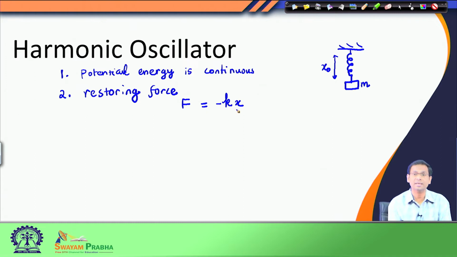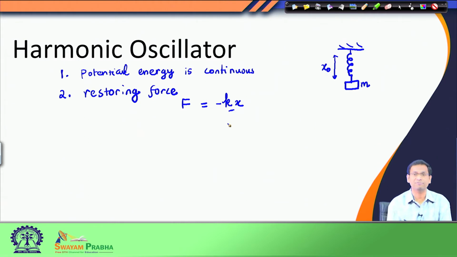So, this minus x suggests that the restoring force is against or in the opposite direction to the displacement, and this k is often called a force constant, or also a spring constant. Depending on the stiffness of the spring, or whether the spring is stiff or weak, the value of this k, the spring constant, would change.